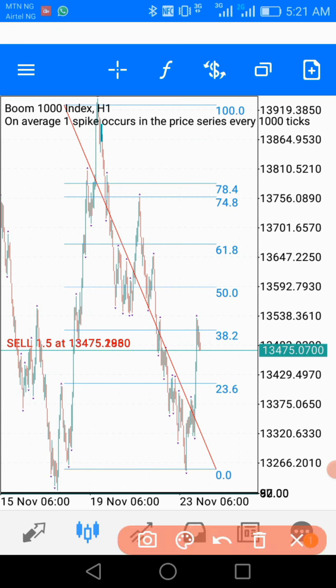Now look at it here once again. The market was on a bearish move. If you understand how the Fibonacci tool really works, it is extremely powerful. It's so powerful that you can use it to make thousands of dollars on a single trade, because you know what the market is doing.